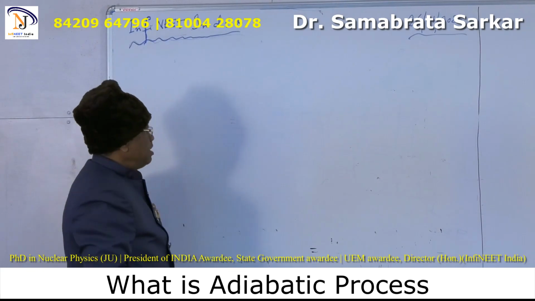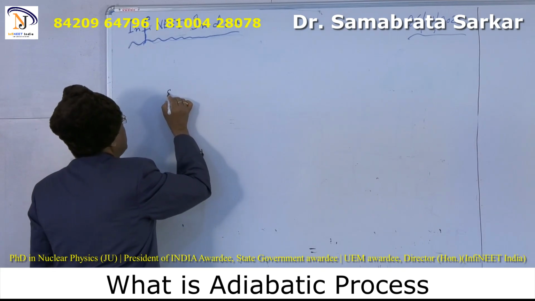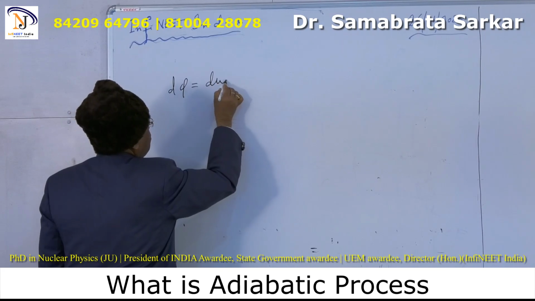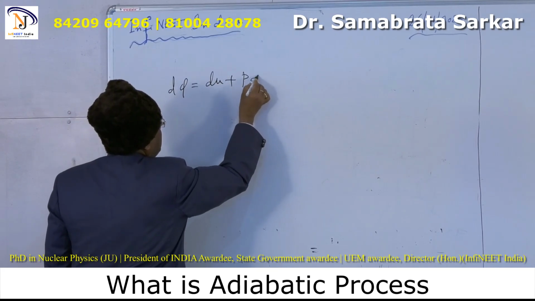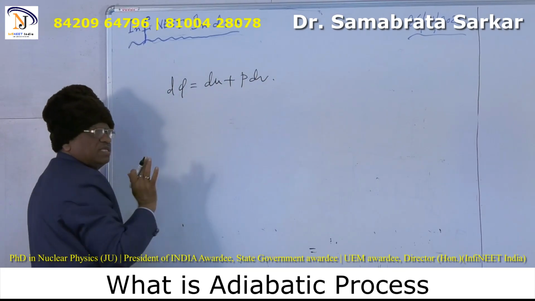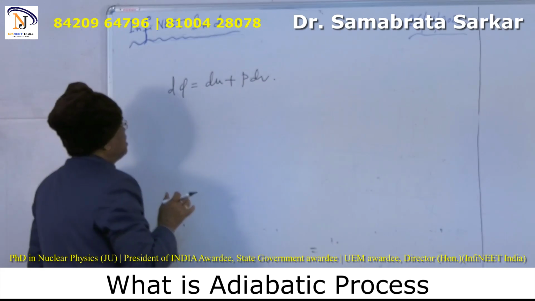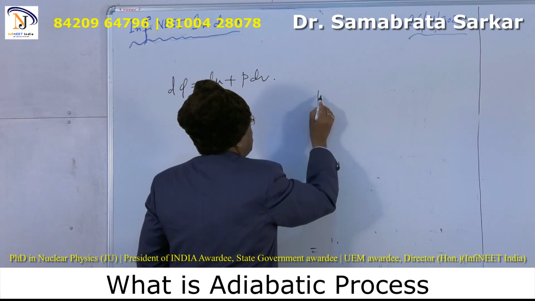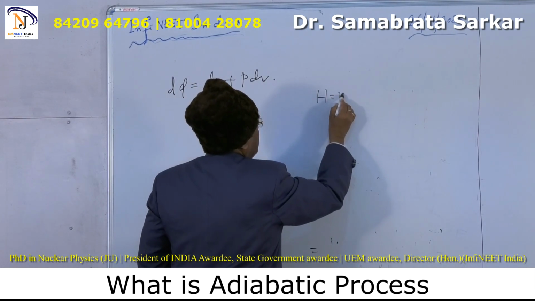Now you see dQ equals dU plus P dV. Am I clear? Then you all know, H equals mst.